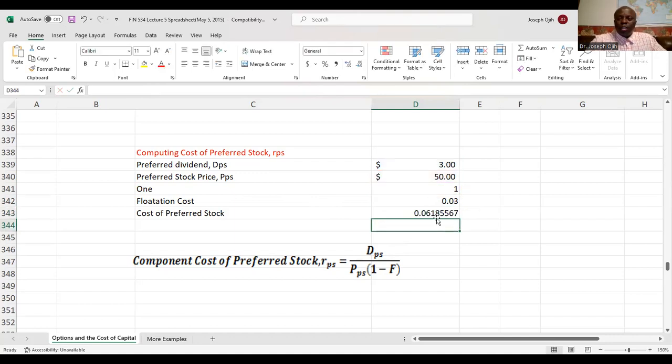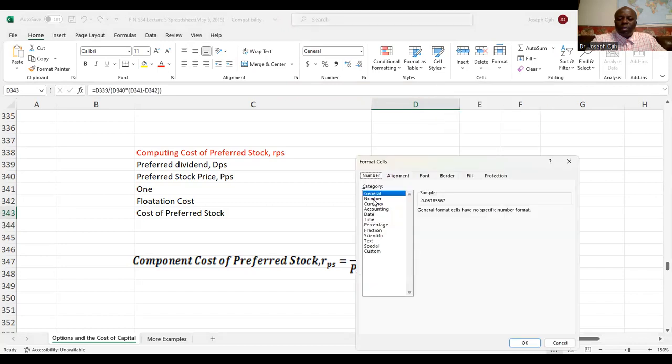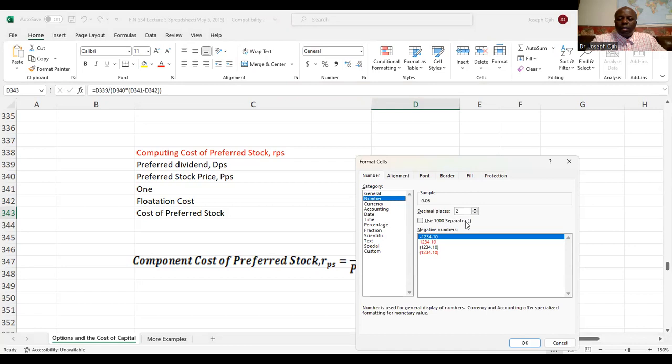It gives us the answer in decimal, so we can convert it to percent. I'm going to right click on it, choose format cells, and then we want 2 decimal places.